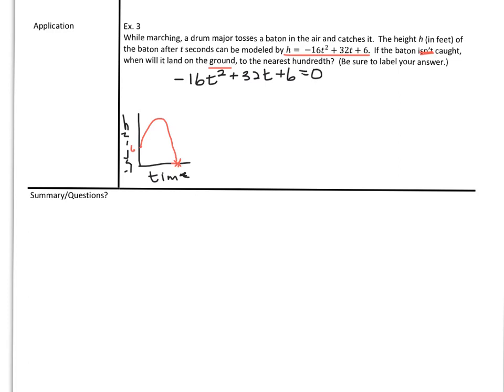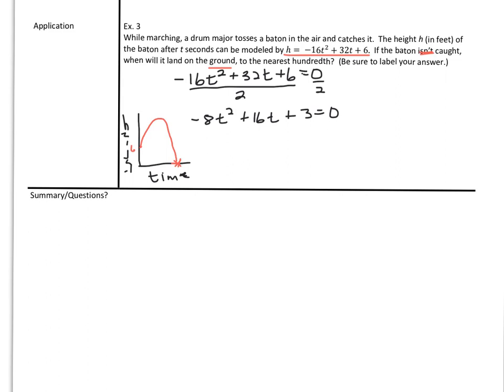How many of you recognize that we have a common factor? We could divide everything by 2, and that would make our numbers smaller on the left-hand side. That would give us negative 8t squared plus 16t plus 3, and on the right we still have 0.